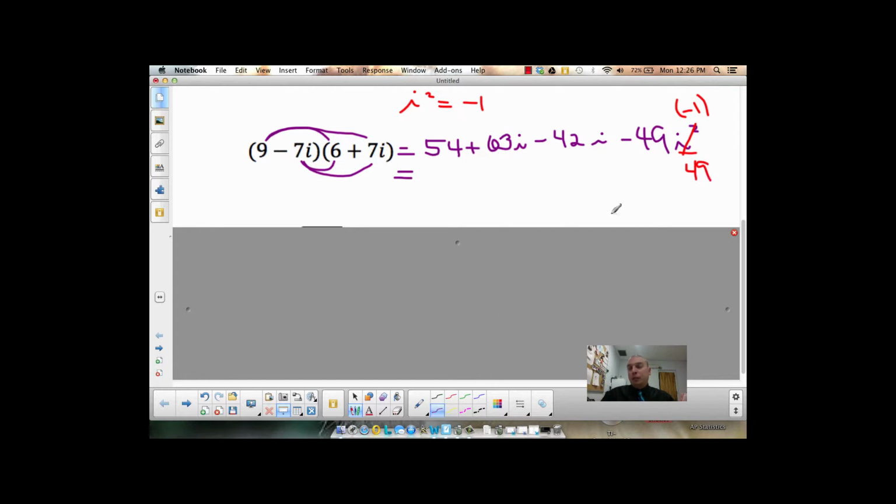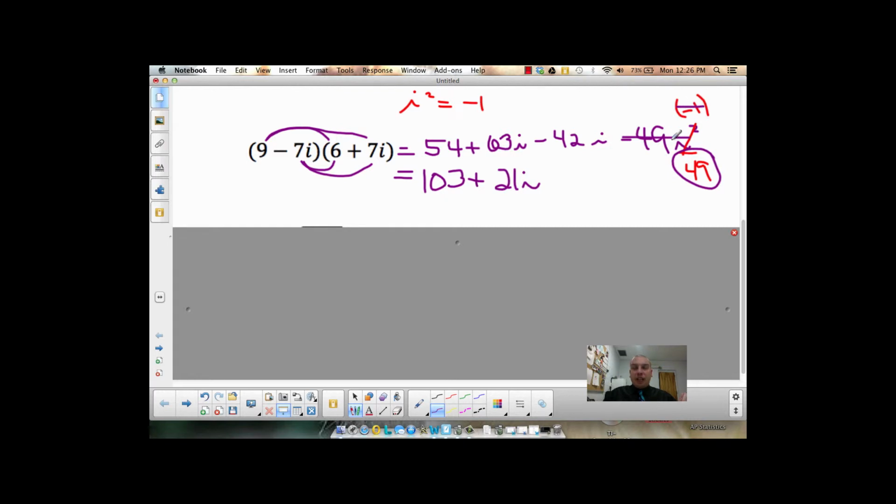Alright, so back to the color that we were working on before. Okay, so now that we know this is gone, the only thing I'm really left with is this positive 49 out here. 49 and 54, that'll add to 103. 63i minus 42i is going to be positive, because the larger number, of course, is 63, and 21i.